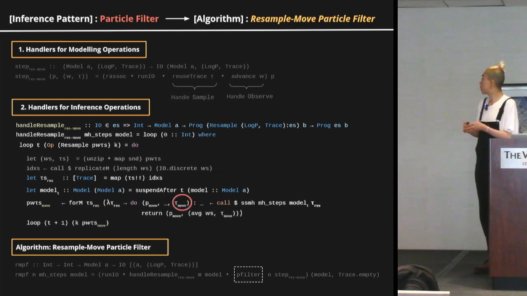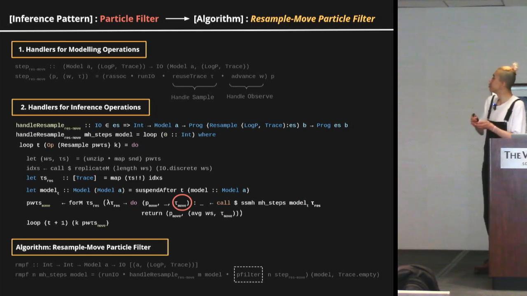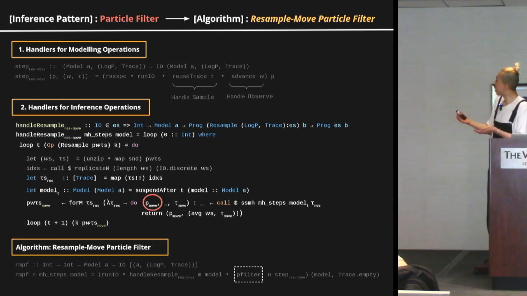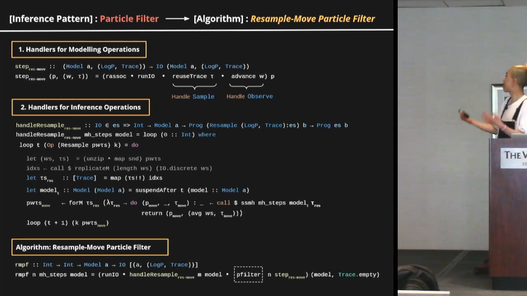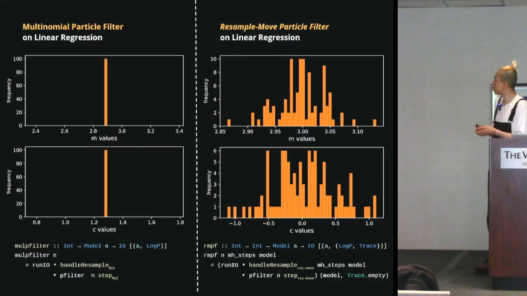The result we get back is a partial trace containing new samples up to point t and a particle that resumes from that point. And this fully gives us the resample move particle filter. If I instead run this on linear regression, on the right-hand side, you can see that the particles we get back are really rich in terms of their results now.